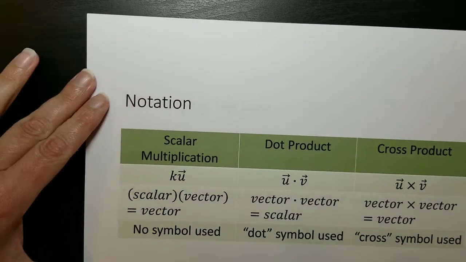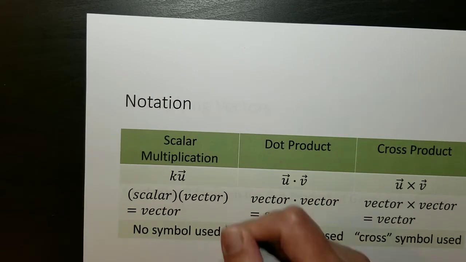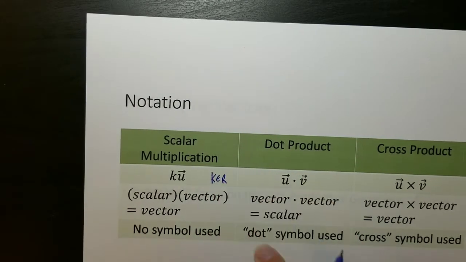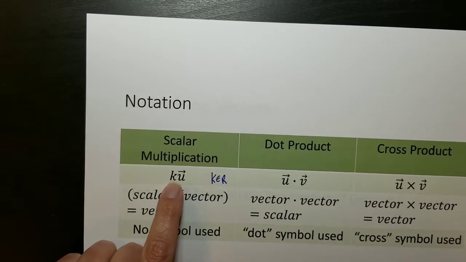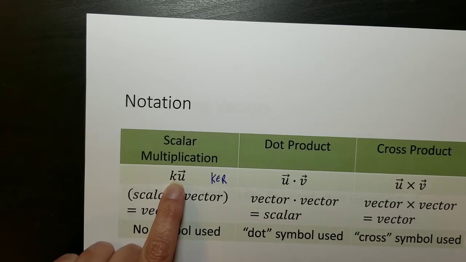In Unit 1, we looked at scalar multiplication, where k, a real number, is multiplied by a vector. We didn't use any symbol in between. We never put a multiplication symbol after k, or anything else.